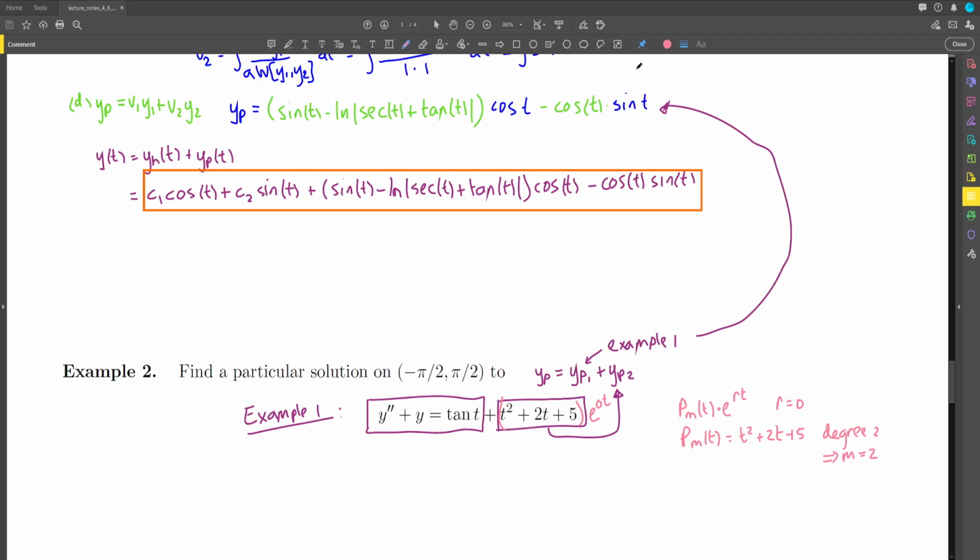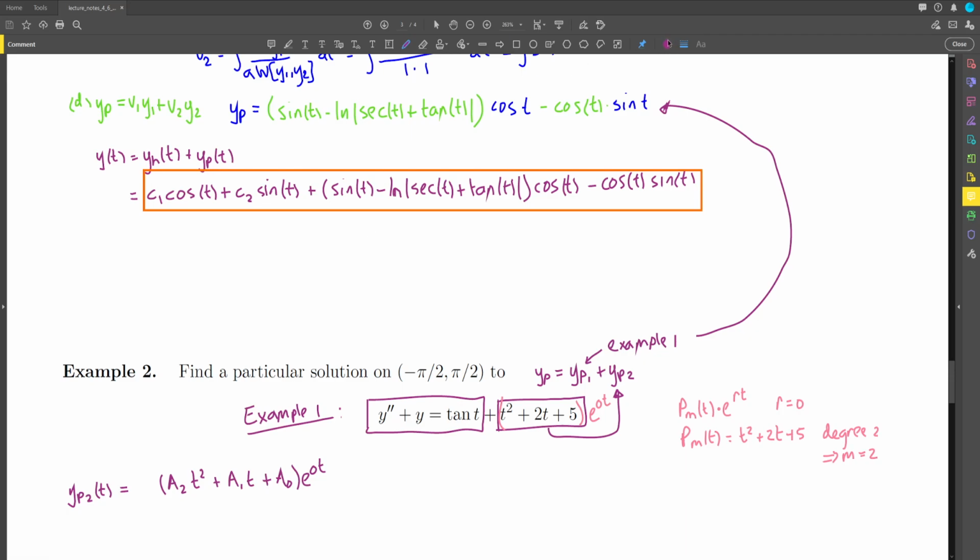So for our particular solution, the second part, yp2 of t, is a general polynomial of degree 2, a2 t squared plus a1t plus a naught, times e to the power 0t, because r is 0.